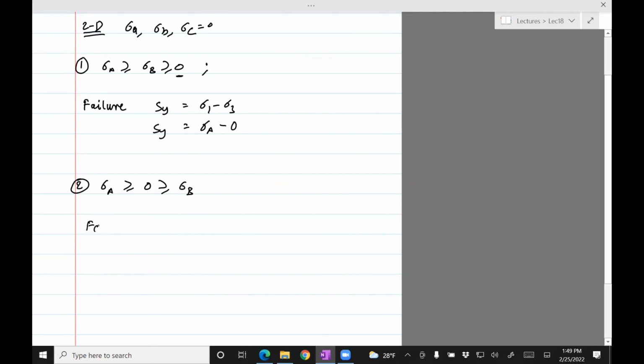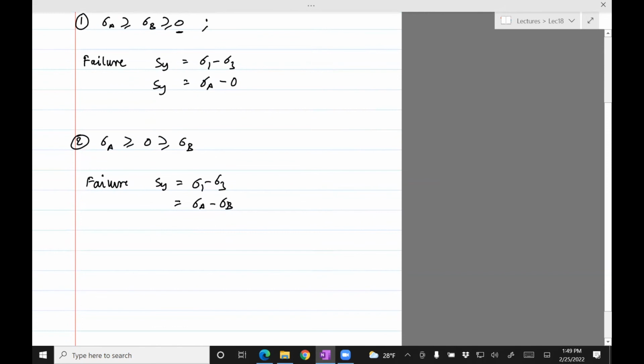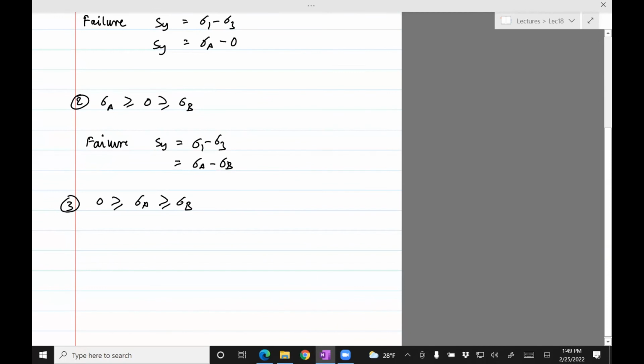So in this case, failure will occur if Sy equals sigma 1 minus sigma 3, which would be sigma A minus sigma 3, in this case sigma B. And then one more case, 0 is greater than sigma A is greater than sigma B. In other words, sigma C is now the biggest stress, and sigma A and sigma B are less than 0.